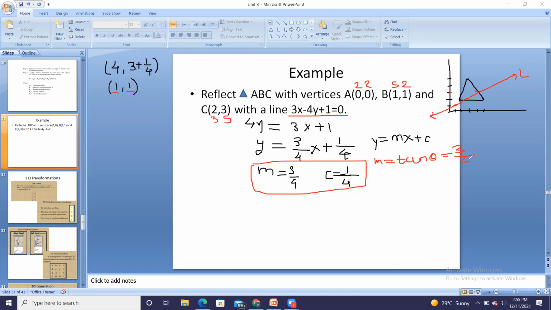What is tan theta? Tan theta can be written as perpendicular side divided by base.